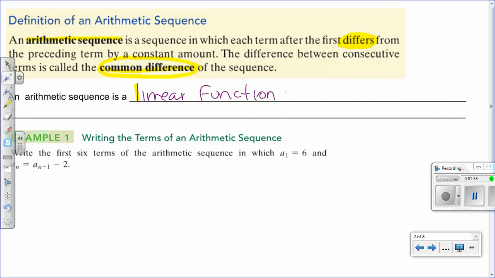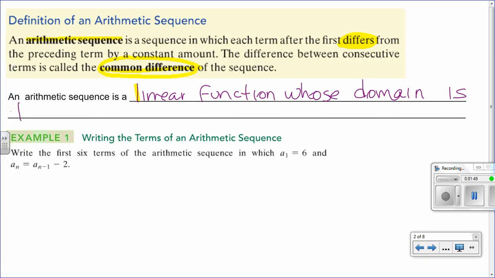Remember, sequences are functions, but what is the domain for those? Is it all real numbers? Well, they are real numbers, but it's a subset of the real numbers. The set of positive numbers that are not like 1.2, 1.5.